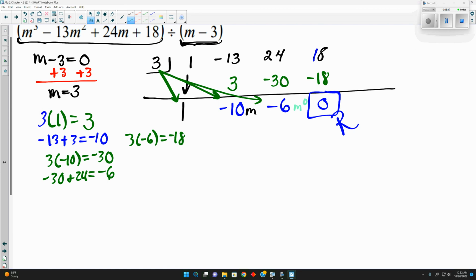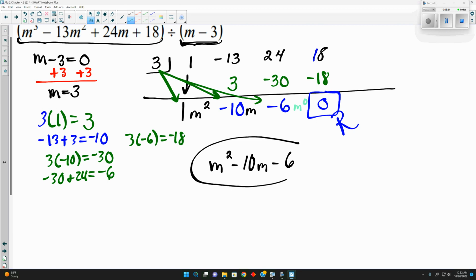So we would have m to the first, because m to the 0, then m to the first, and then it would be m squared. So really what we have is m squared minus 10m minus 6. We're done.